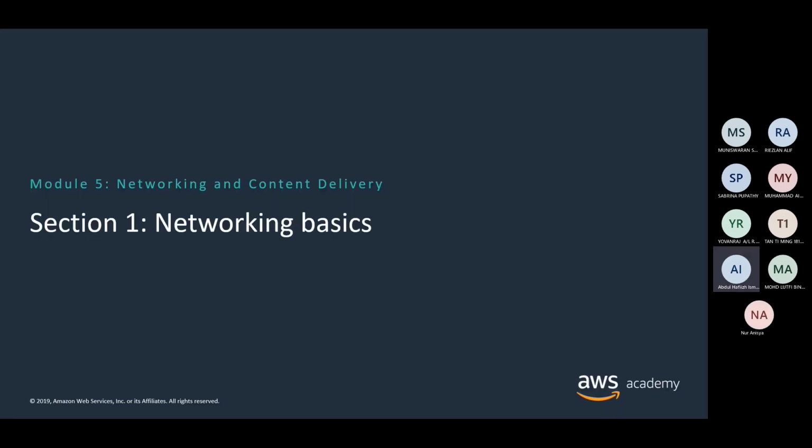So this is basic networking. In this section, we will review a few basic networking concepts that provide the necessary foundation to your understanding of the AWS networking service, Amazon Virtual Private Cloud, or we call Amazon VPC.